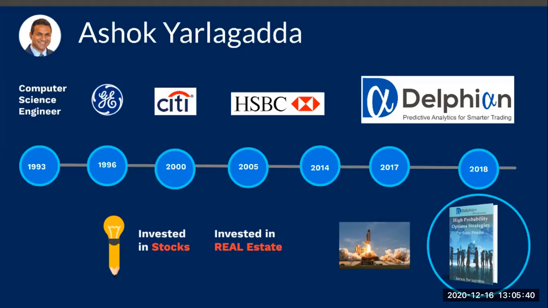So he finally decided to take things into his own hands and learn about options. He's a computer science engineer, one of the smartest people I've met, and since about 2014, he's rolled out Delphian on a beta platform type basis.